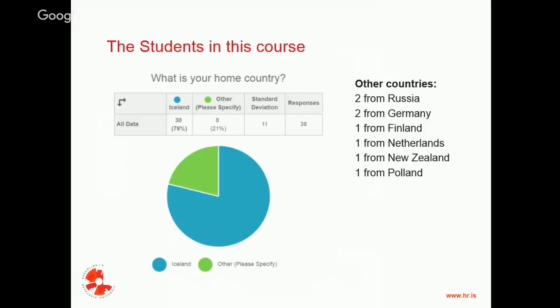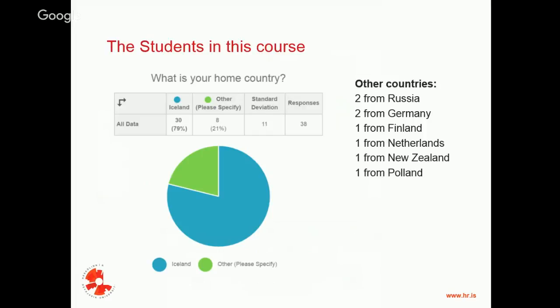So first of all, there were 38 students that participated last week, and we have almost 1/4 of students from other countries than Iceland. So we have there a nice combination of people from abroad, 2 from Russia, 2 from Germany, and then 1 from Finland, 1 from Netherlands, 1 from New Zealand, coming far away, and then 1 from Poland.